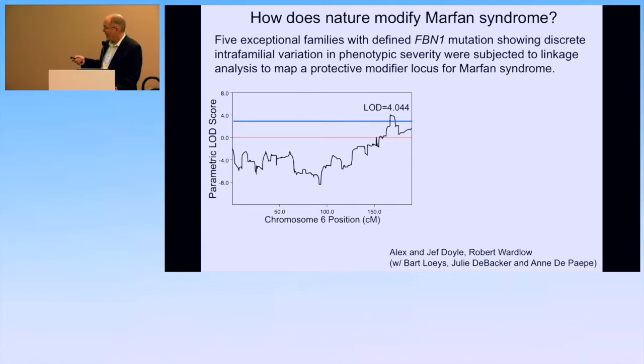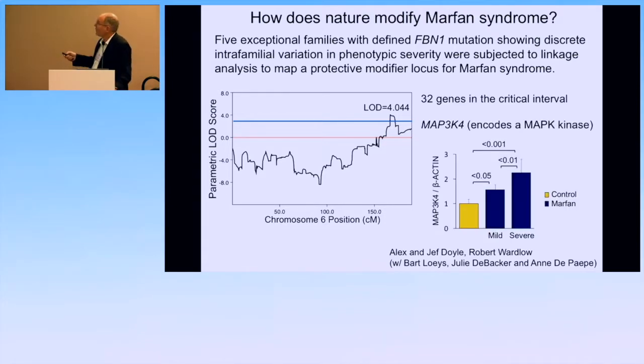And quite dramatically, all of the families were segregating protection along with markers on human chromosome 6, not where the Marfan gene is on chromosome 15, but rather a unique locus. Now, if we looked at this area, there were 32 genes in this interval, but one of them kind of jumped out at us as potentially being important.